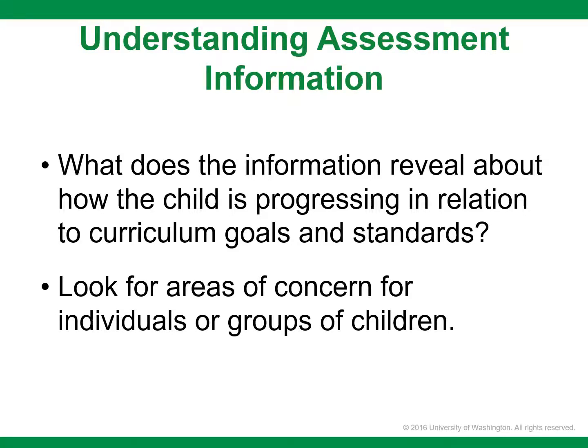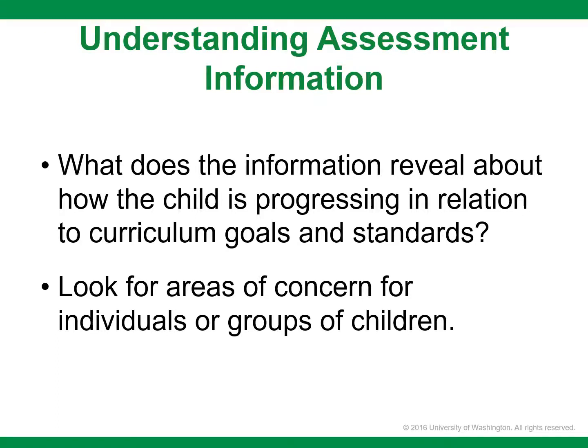Are there areas of concern that apply to the entire group? Does the assessment data reveal areas of concern for individuals or subgroups of children, such as those from particular backgrounds or those with inconsistent attendance? Teachers who clearly understand what assessment information means are able to use their insights to improve teaching and learning.